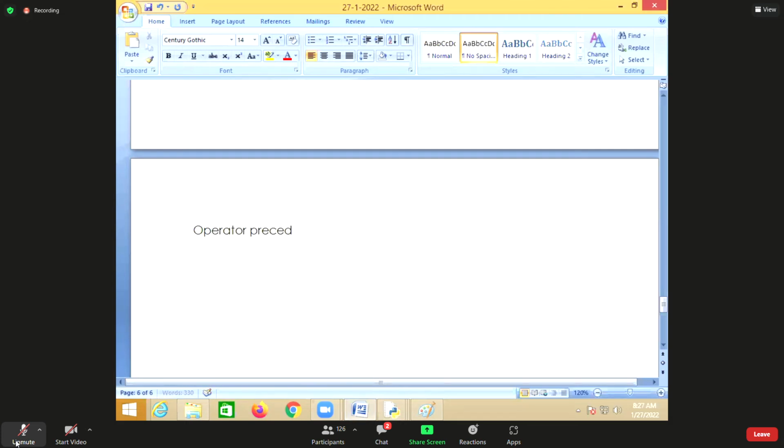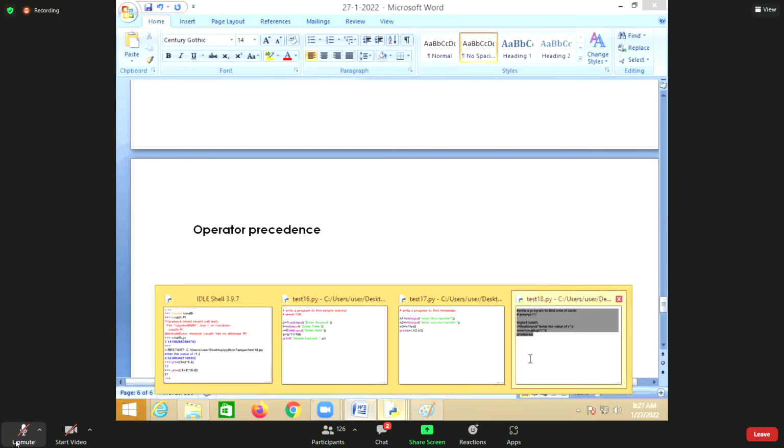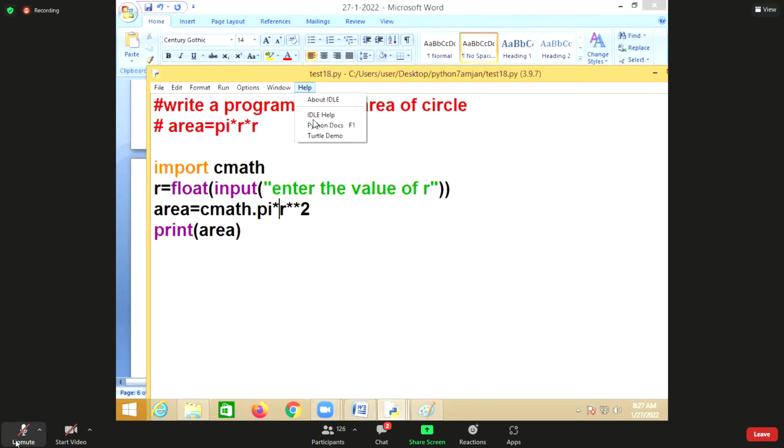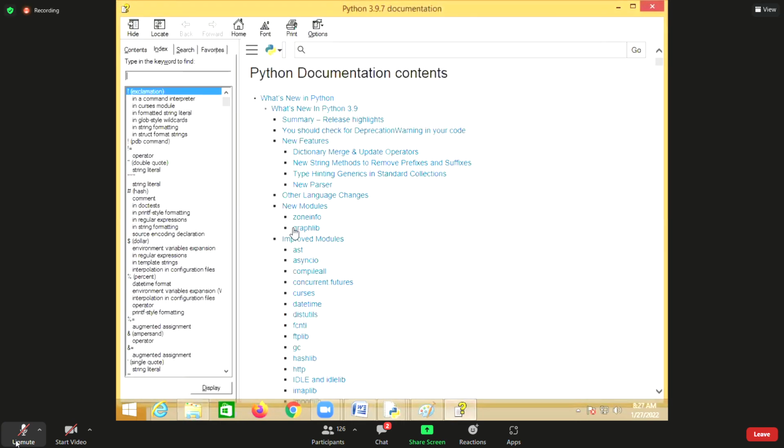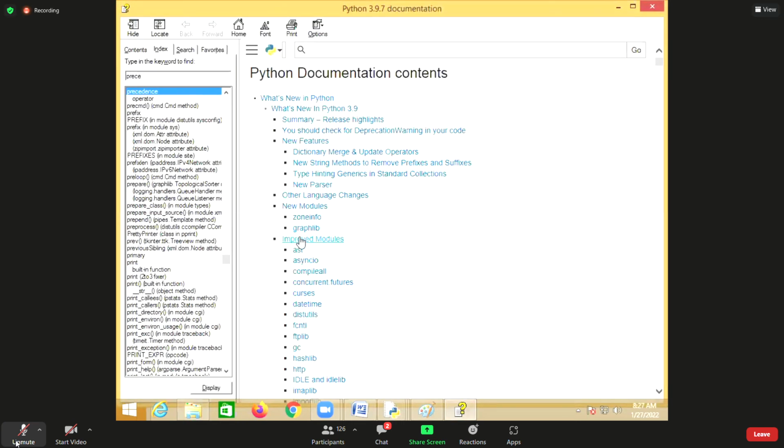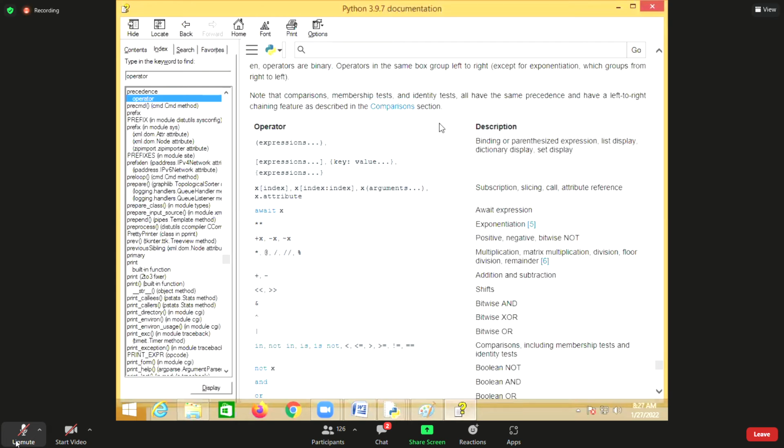This is important because there are so many operators in Python, and as a Python developer you should know which operator is executed first and which next.